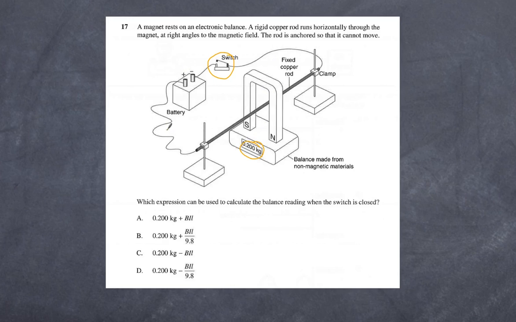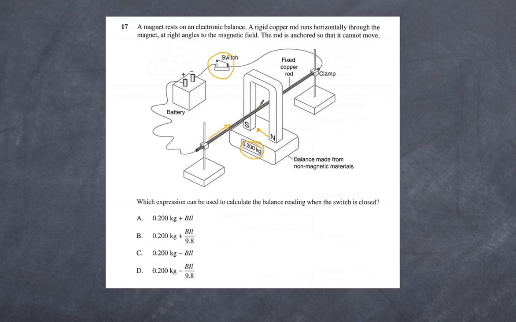When we switch it on, we're going to get a current that is going to go in that direction. So using your right-hand rule, you know that the force exerted on the wire, since the magnetic field lines are going in that direction, is going to be in the upward direction.